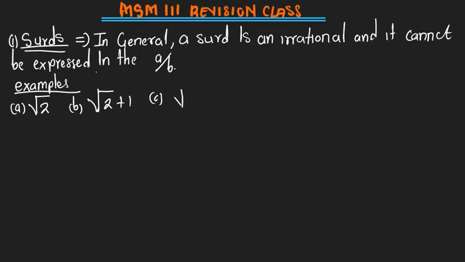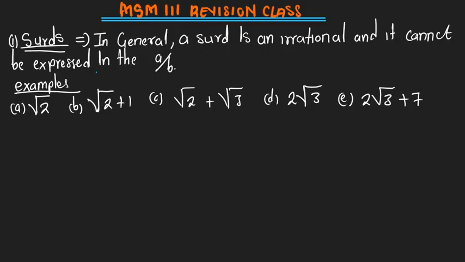If you have root 2 plus root 3, this is also a SURD. If you are going to have something like 2 root 3, this is also a SURD. If you have 2 root 3 plus 7, this is also a very good example of a SURD.